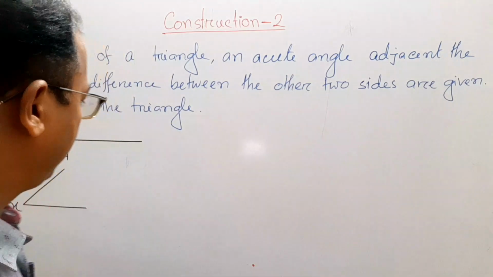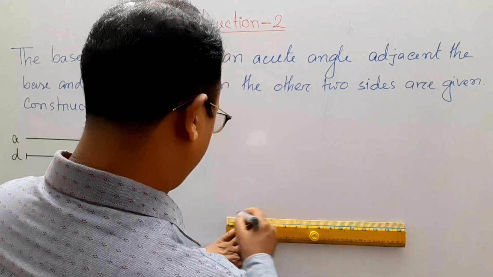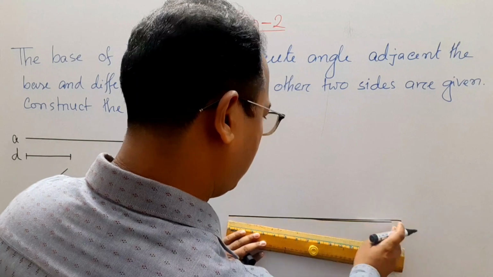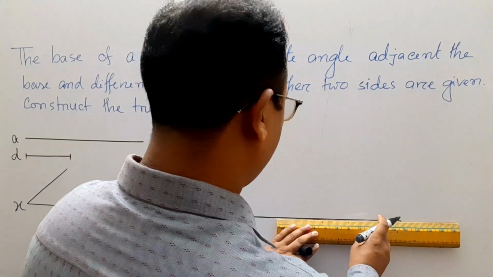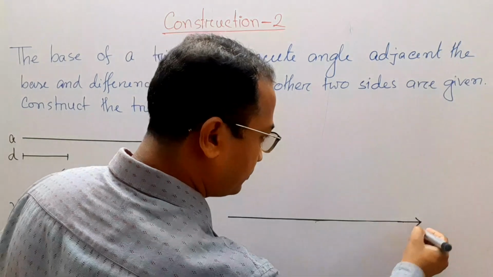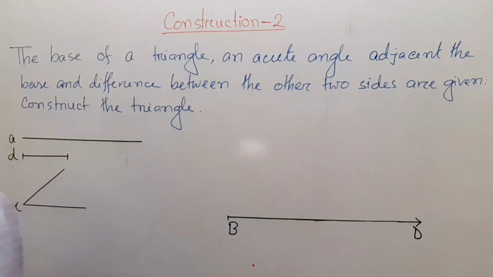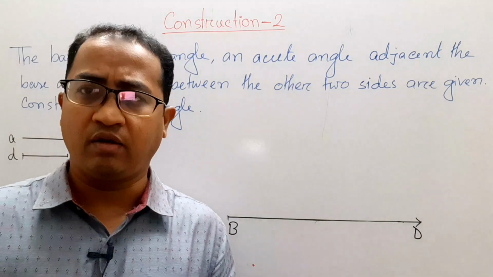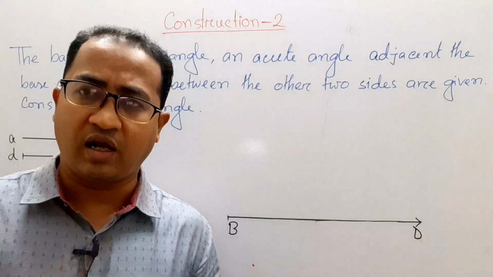Take a ray BD. BD is a ray. From the ray, we will cut BC equal to A. How can you cut a line equal to a given line?